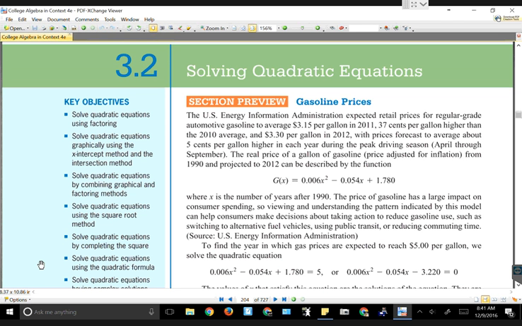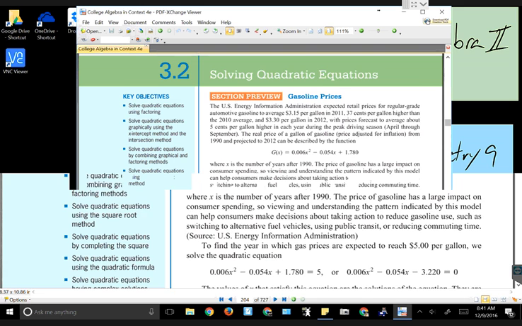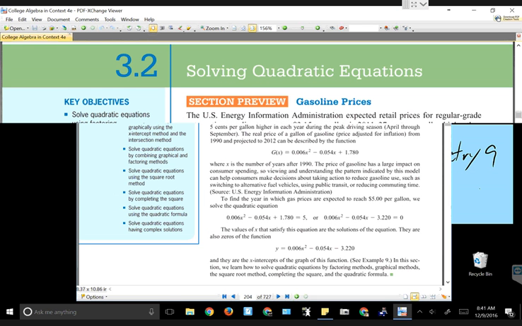Just telling you that they expect gas prices to go up, tells you what the prices are for that, and they give us a formula. When they give us that formula, what should we do? Got a formula, pop it into the graphing calculator. That's generally the first thing that you want to do.